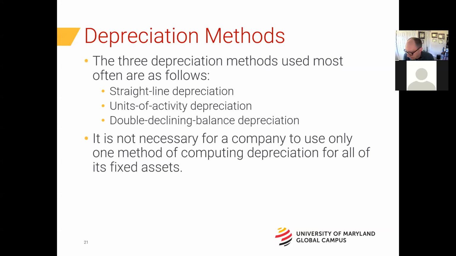Units of activity. For a forklift, the unit of activity is number of hours driven, used. Most machines have an odometer on them. The odometer is set in hours, meaning how many hours you've used that machine.